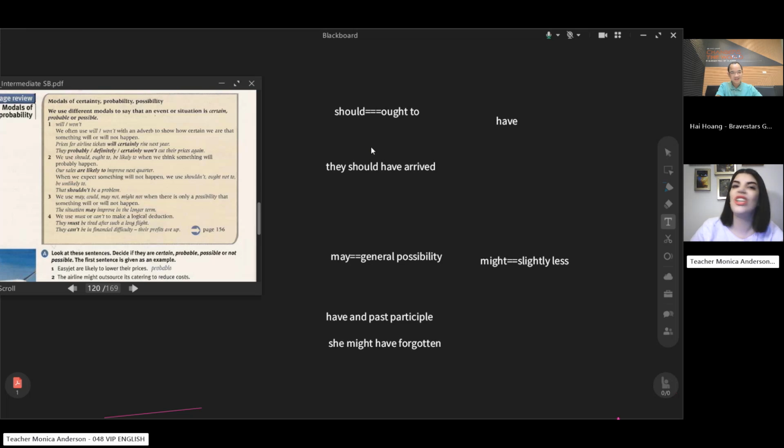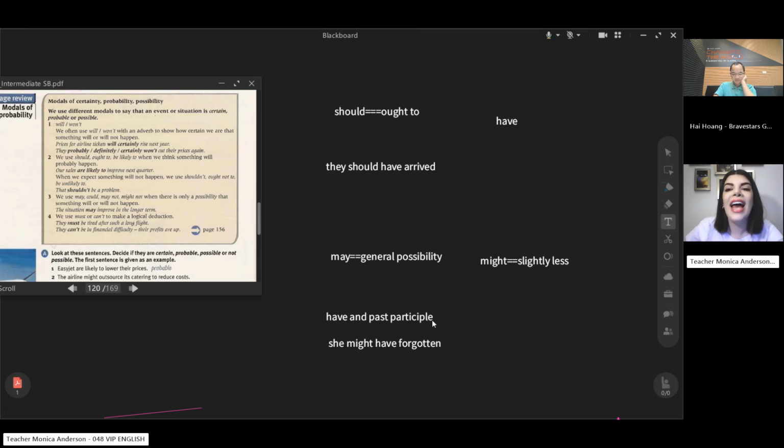Probability and possibility are different. Let me say something that is really important. You use probability modals to say how likely something is to happen. For example, I'm not sure about something. When I say should, I can say that's 50% compared to must.